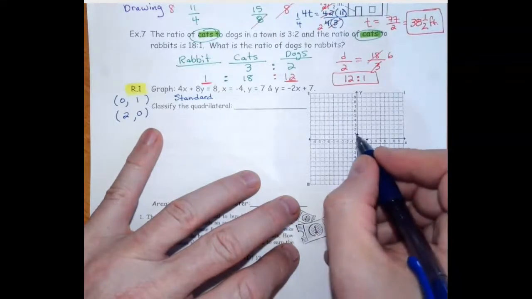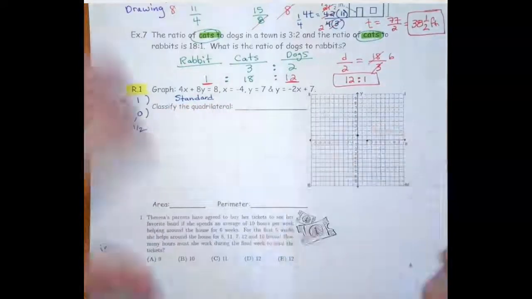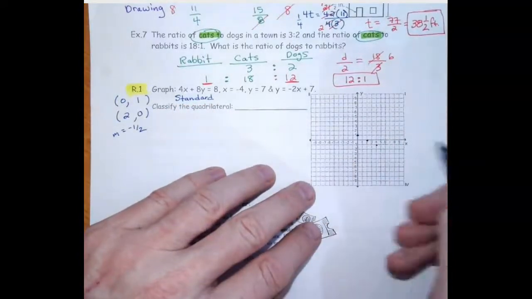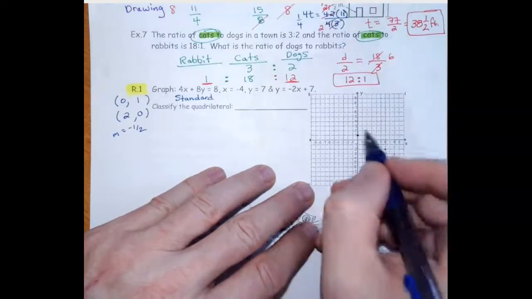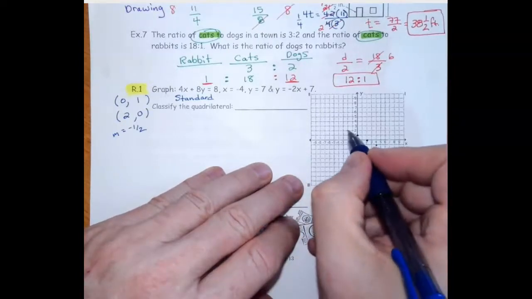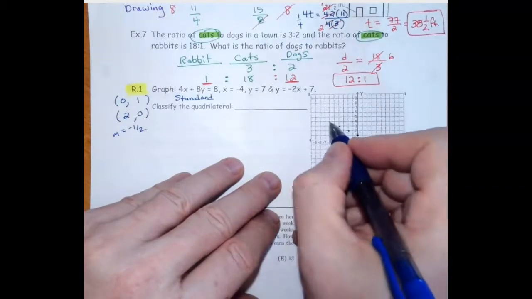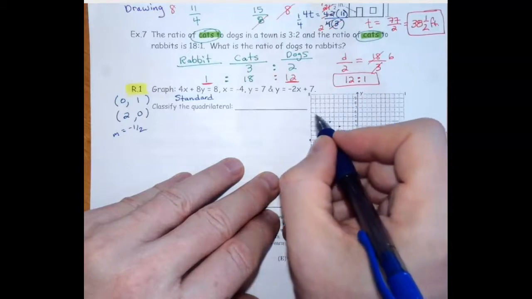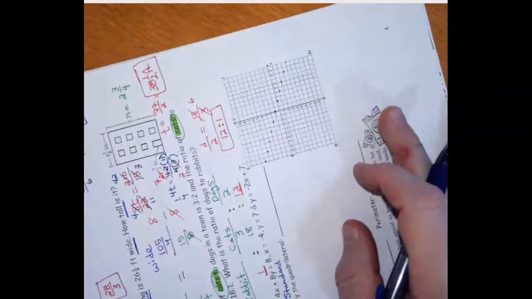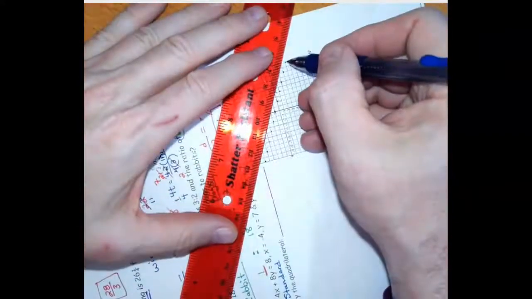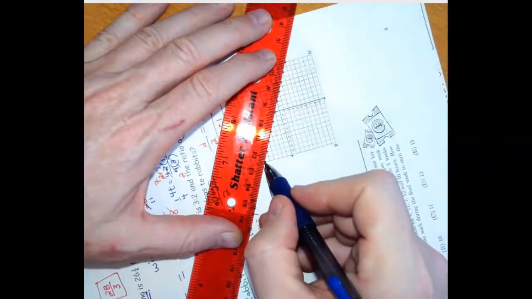So now we can see that the slope is negative 1/2. So we can continue that across here and this way. Now we want to go all the way across like that, and then we want to go to the end. So go way over here and line it up with way over here.